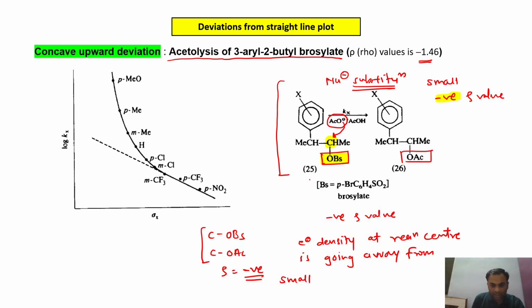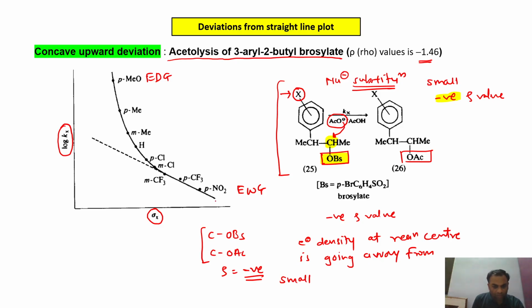Now we will discuss what happens when this X changes from a strong electron withdrawing group to a strong electron donating group. The graph shows that here we have the rate constant, and on this axis we have the substituent constant.